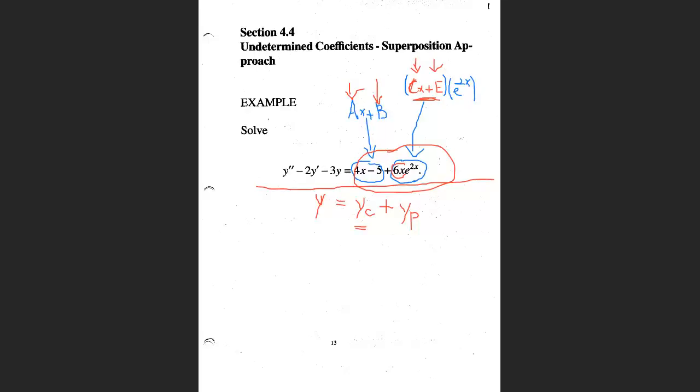First we're going to find the complementary solution, and then we'll find the particular solution, and then the general solution will be the sum of those two.